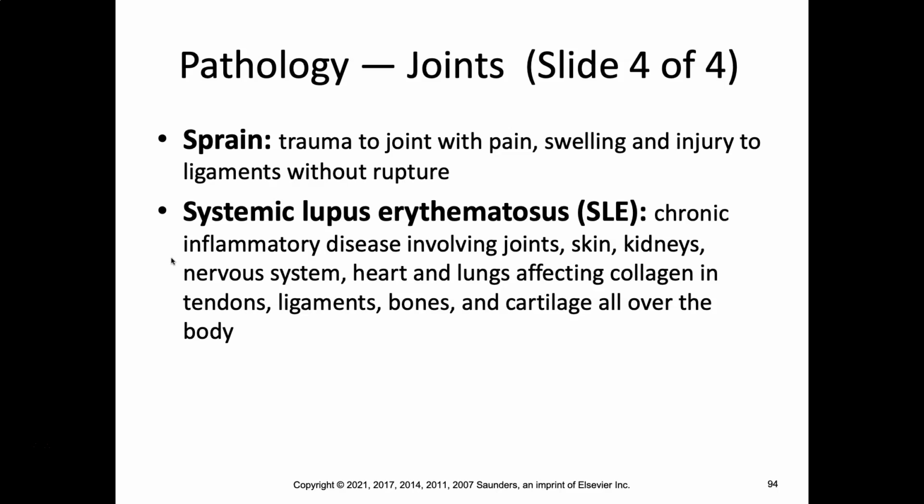You may have heard of systemic lupus erythematosus, or SLE, or just commonly lupus is how it's called, just lupus. This is a chronic inflammatory disease that does involve joints, skin, the kidneys, your nervous system, heart and lungs, as well as collagen in the tendons, ligaments, bones, and cartilage all over the body. That's why it's called systemic. It's pretty much everywhere. And this one is an inflammatory disease, as it says, and it's chronic.